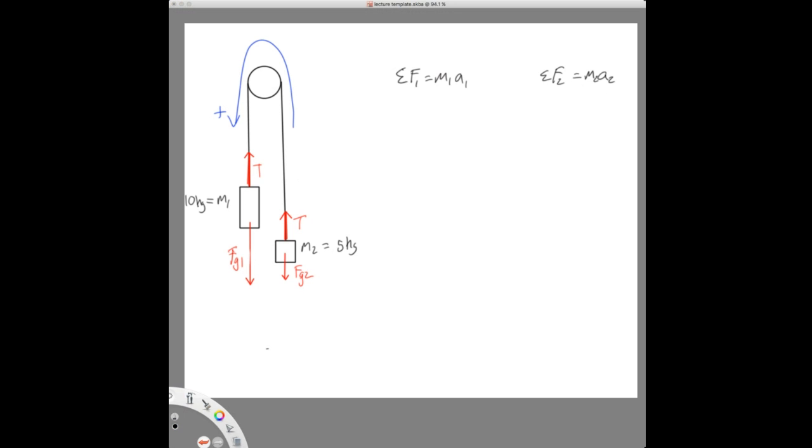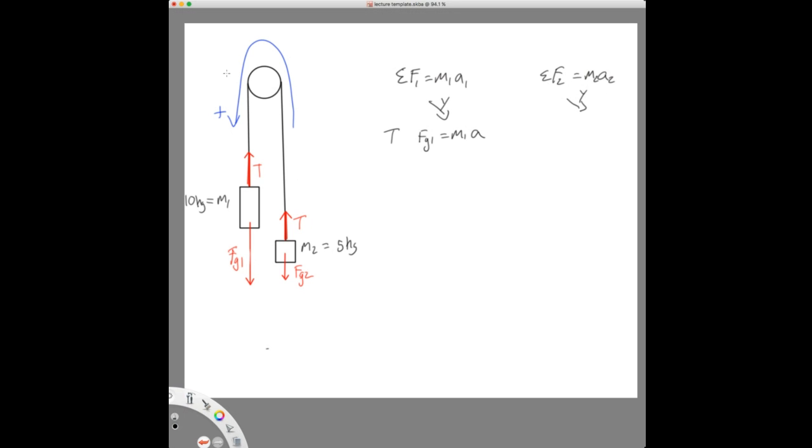Now, once I've made that choice, I can get my component equations, and in this case I only have y components to worry about. So for mass 1, my two forces are T and force of gravity 1.